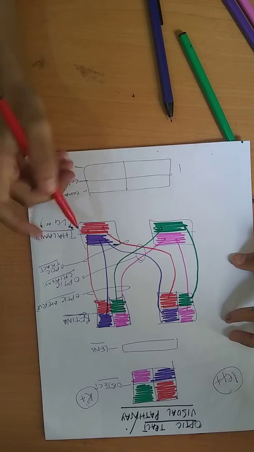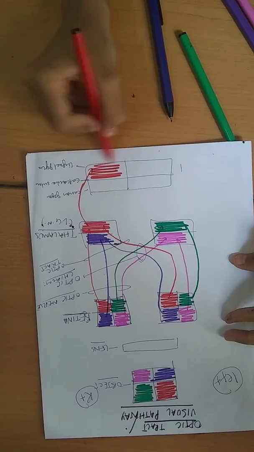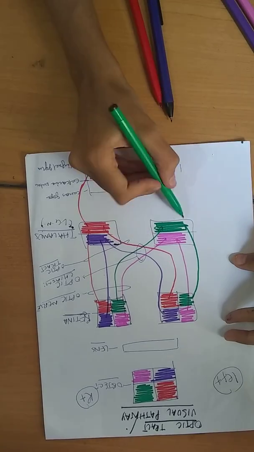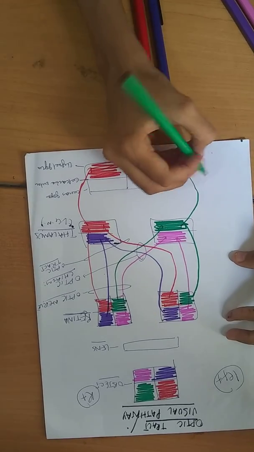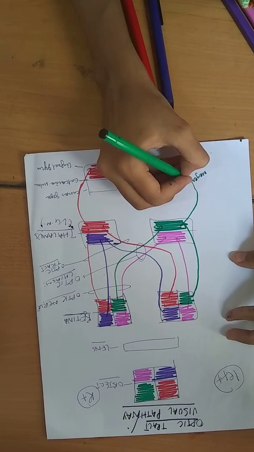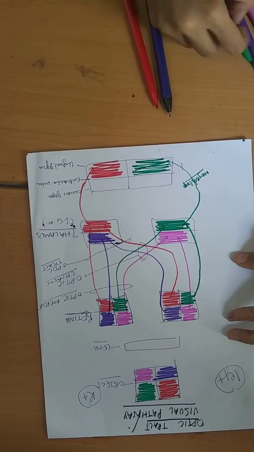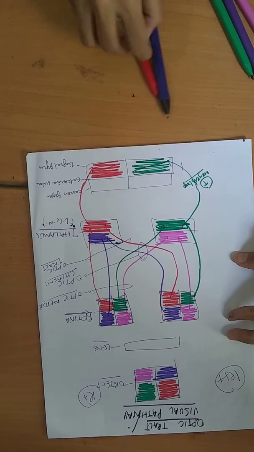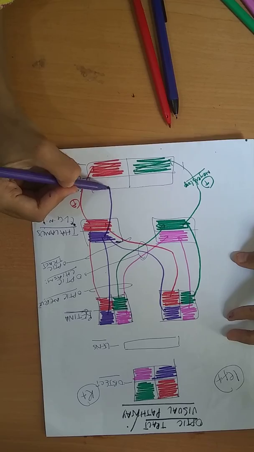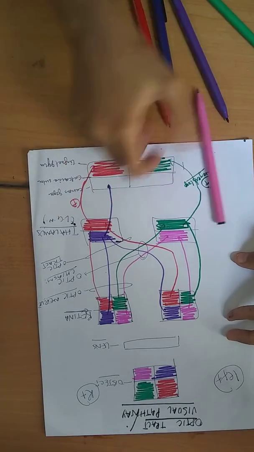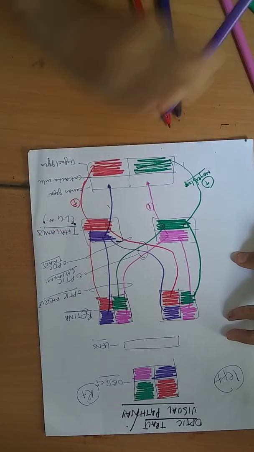So the inferior fibers run through the temporal lobe, called Meyer's loop, and form Meyer's loop through the temporal lobe. And the superior portion runs superiorly through the parietal lobe.